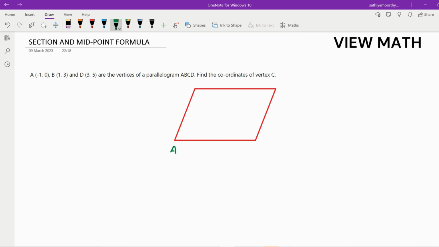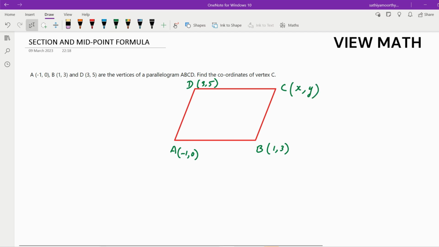This is A, B, C and D. We know the coordinates of A is (-1, 0) and B is (1, 3), and the C coordinate they're asking us to find out, and D is (3, 5). So let me take C as (x, y). Now I have to find the coordinate of C.